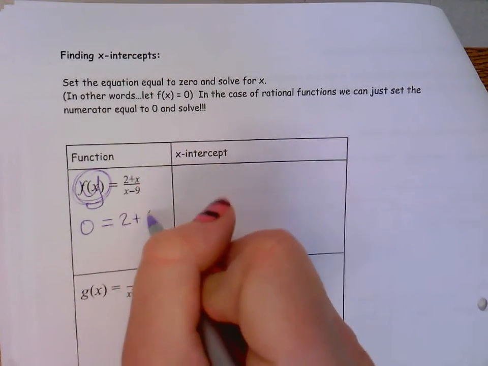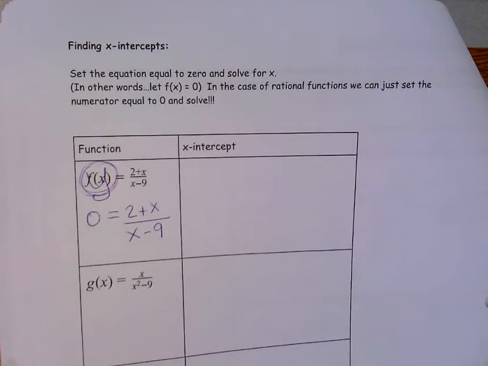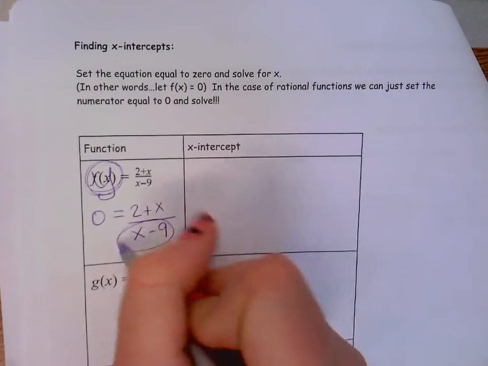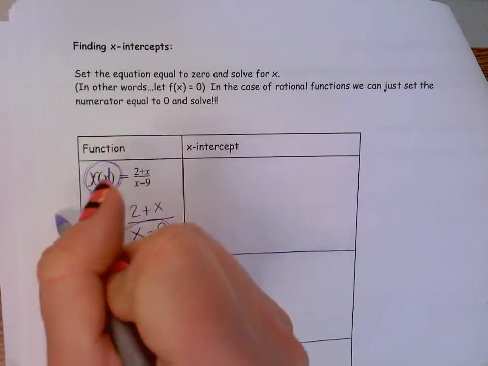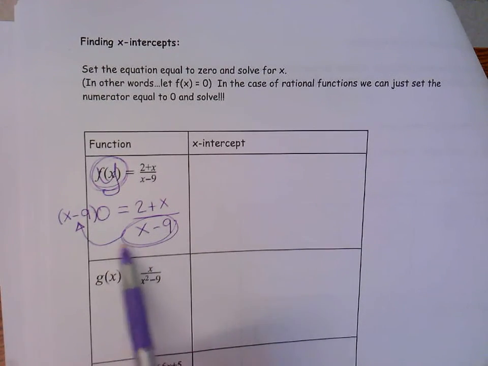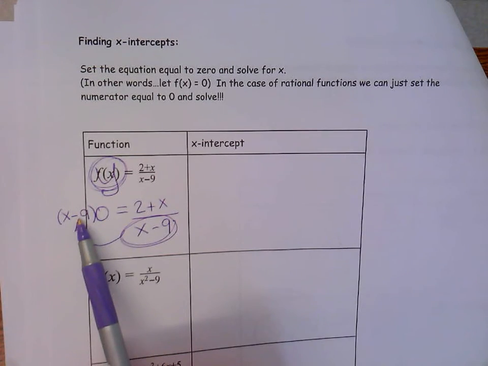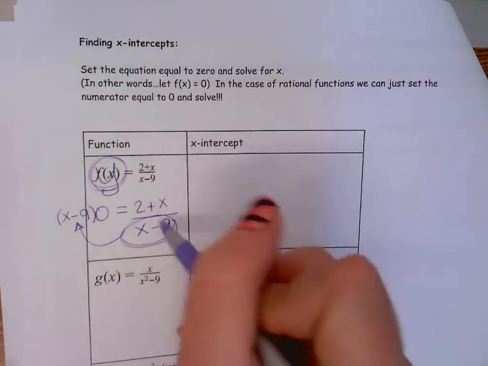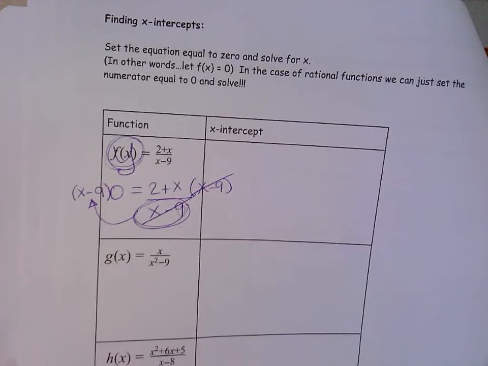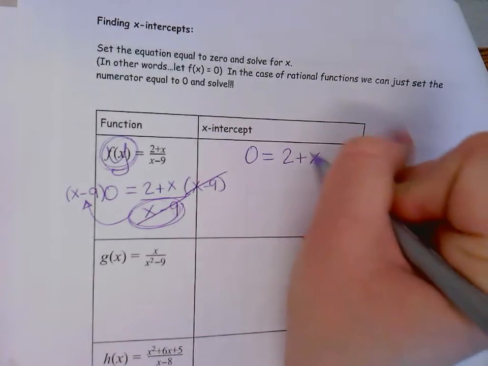If you're going to set the equation equal to 0, what would be your first step to solve for x? When you have a fraction equal to 0, your first step is to multiply the denominator to the other side, right? What happens when I take the denominator and I multiply it to the other side? I still have 0. Would you agree? To get this out of the denominator, I multiply x minus 9 to the other side. Guess what? That gives me 0 equal to the numerator.